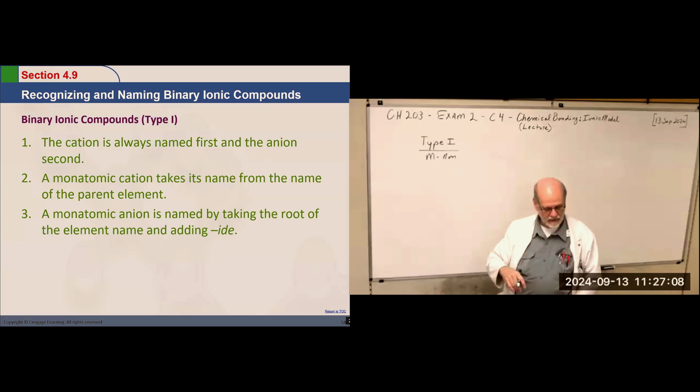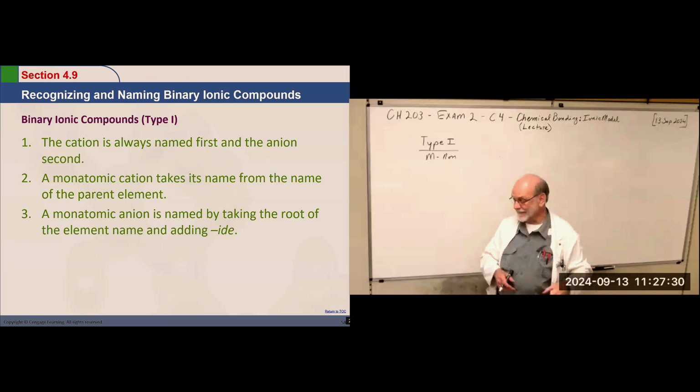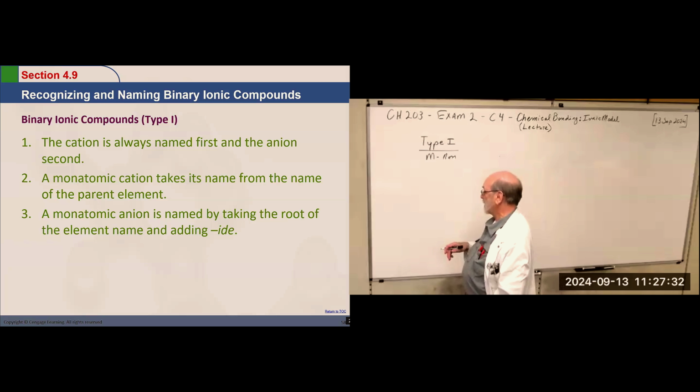So the metals would have to be alkali metals, alkaline earths, boron aluminum group, or those zinc, cadmium, silver. They would have to be those metals only. Okay. And because the charge is fixed, it's easy to balance the charges because we know what the metal is.